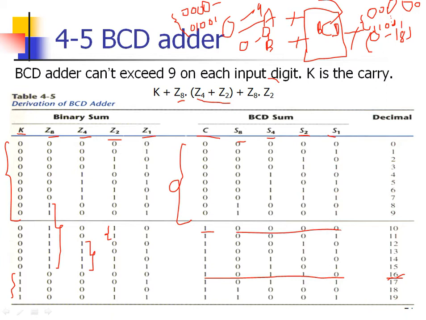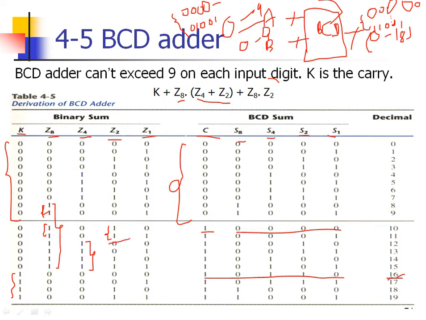Okay. And the next case is if Z8 and Z2 are equal to 1. See, the other two cases, Z8 and Z2 are equal to 1. In those cases also, see here, it is given here Z8 and Z2.